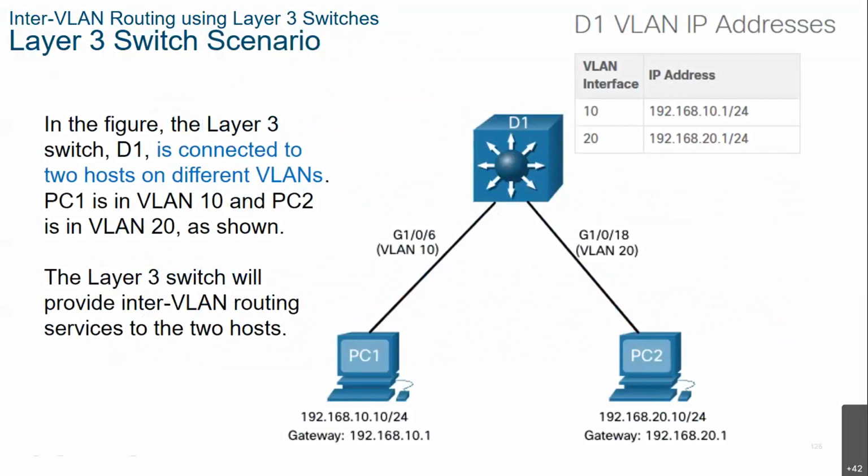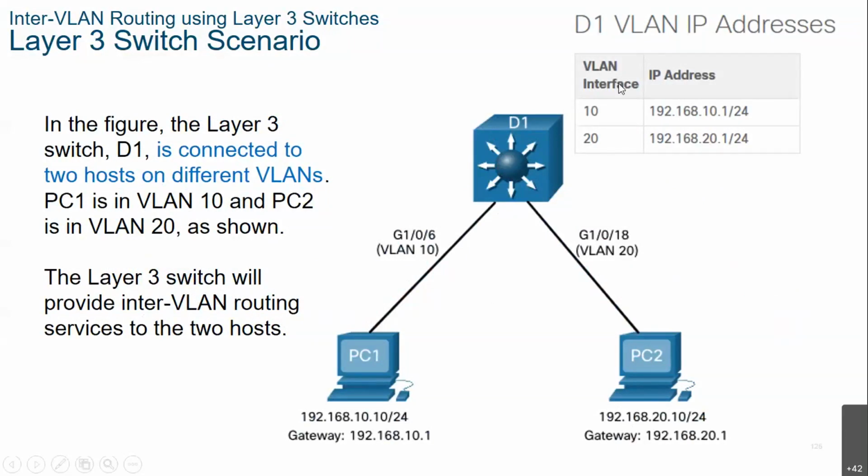So in this figure, D1 here is a layer 3 switch. It is connected to two devices that are in different VLANs. So when PC1 wants to connect to PC2, which is on a different VLAN, D1 can provide that inter-VLAN routing without going out and asking for a router.